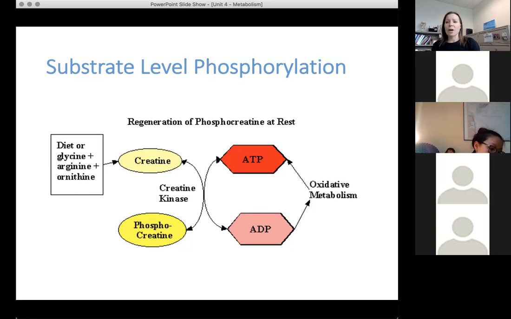With substrate level phosphorylation, this is when ATP is made by transferring a phosphate group from a molecule to ADP.